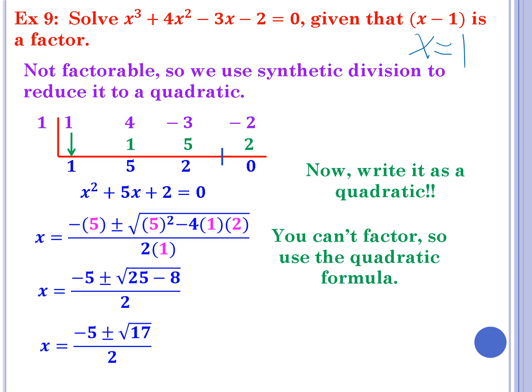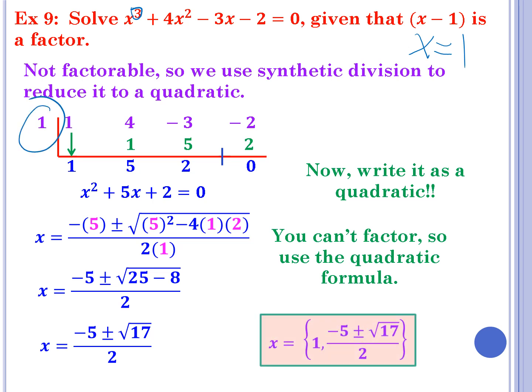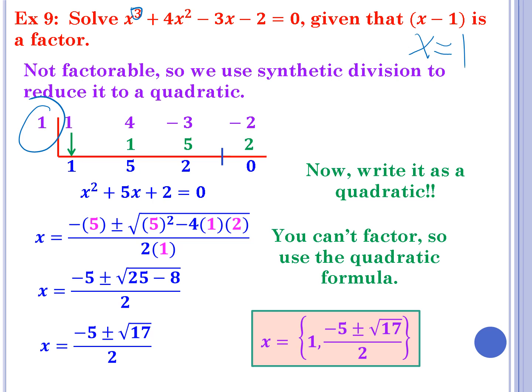Now you're like, wait a minute, you told me that the exponent tells me the number of solutions. That's 2, but don't forget about him. He is a solution. So I say 1, and then you can just write it as a combo, negative 5 plus or minus the square root of 17 over 2. All right, so that's kind of a sneak peek into what we're doing on 5B.4.